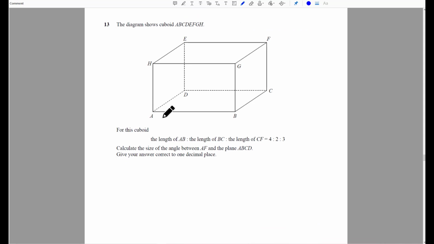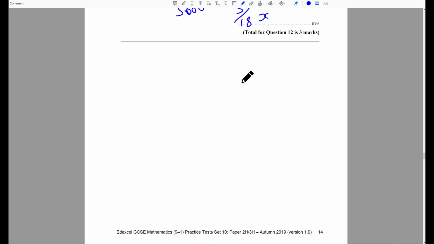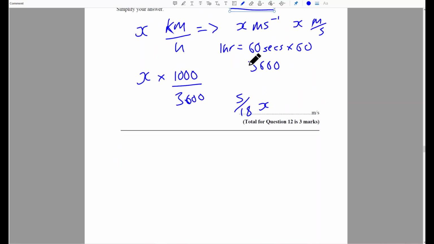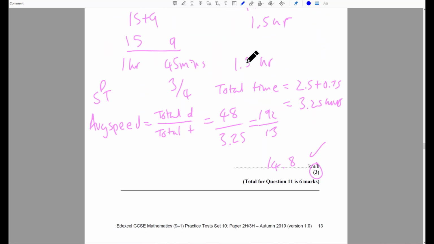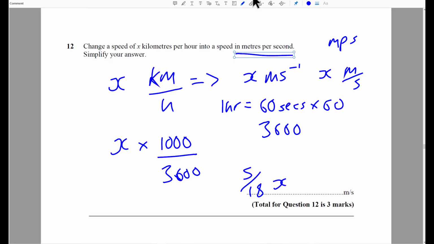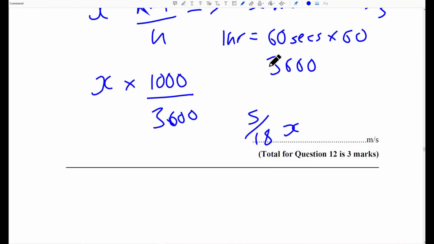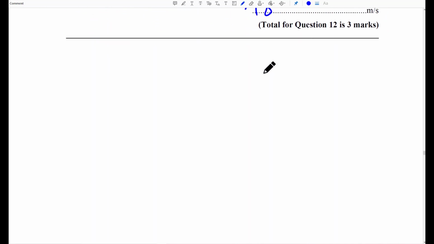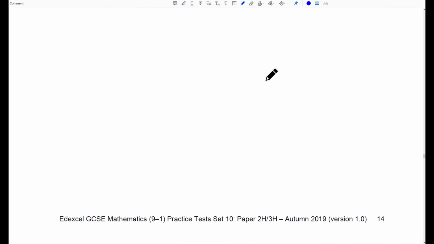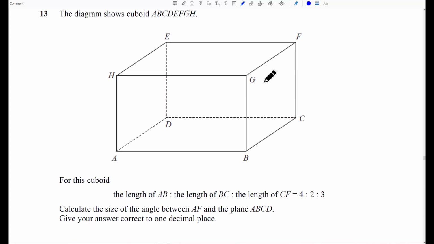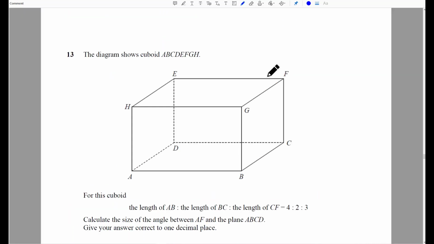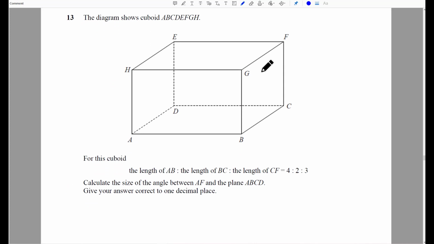Okay. Oh, I don't know why I zoomed out. Okay, so that's your clear working out here. Question 13. I zoom out for space to do some calculations. Okay, 13.